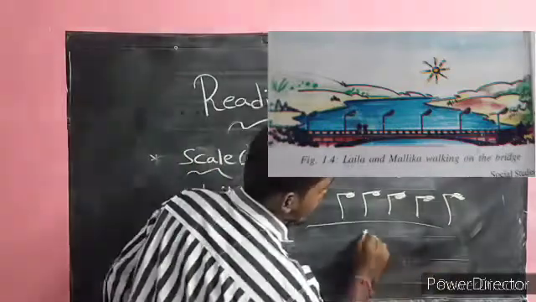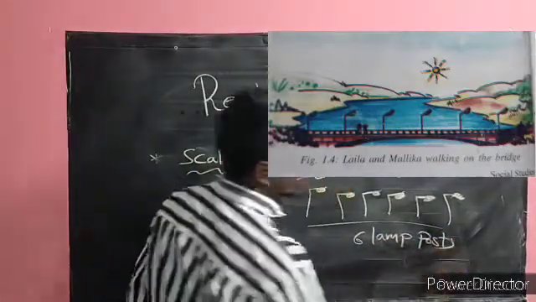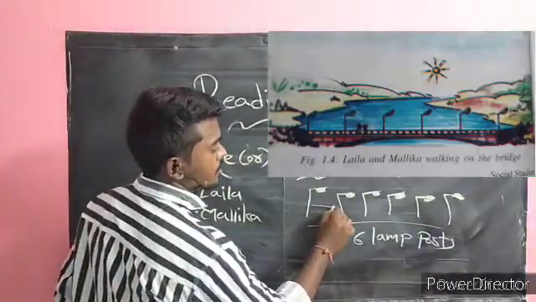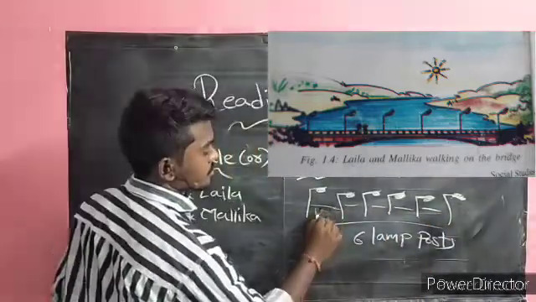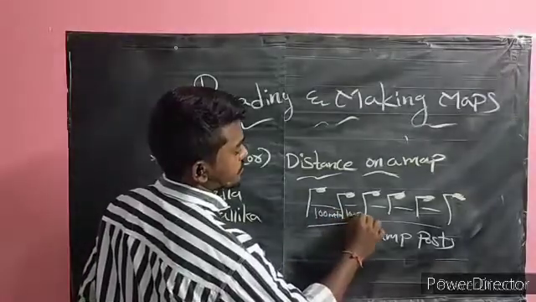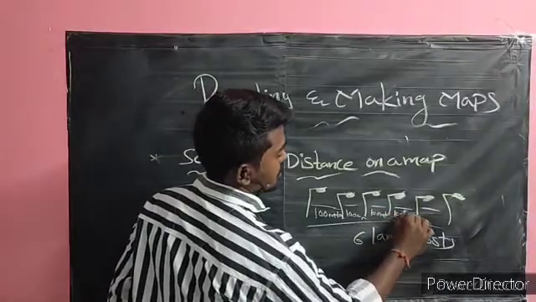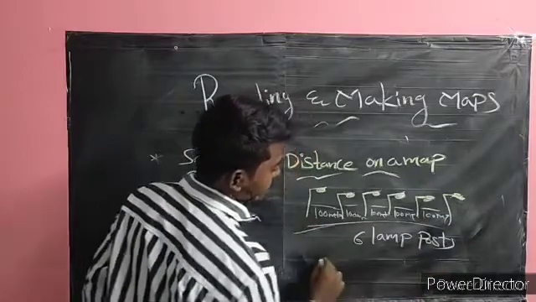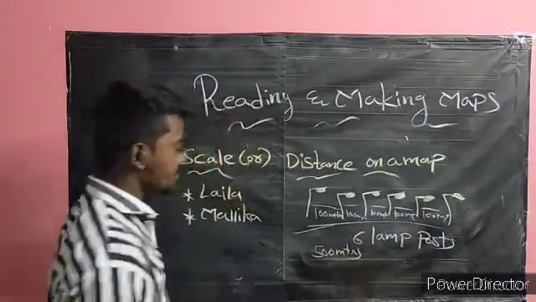The distance between one lamppost and the next is 100 meters. The total bridge is 500 meters.